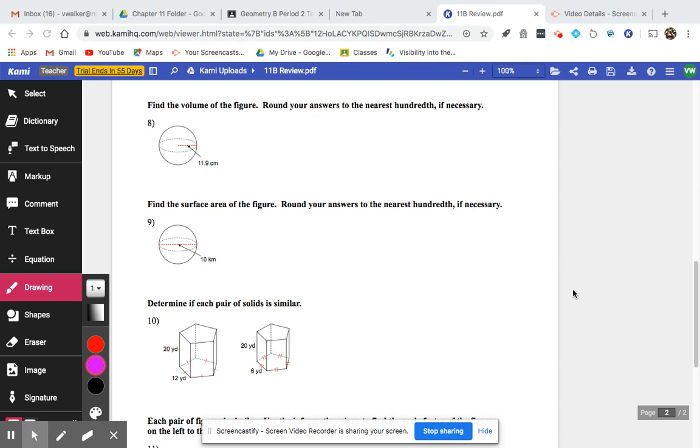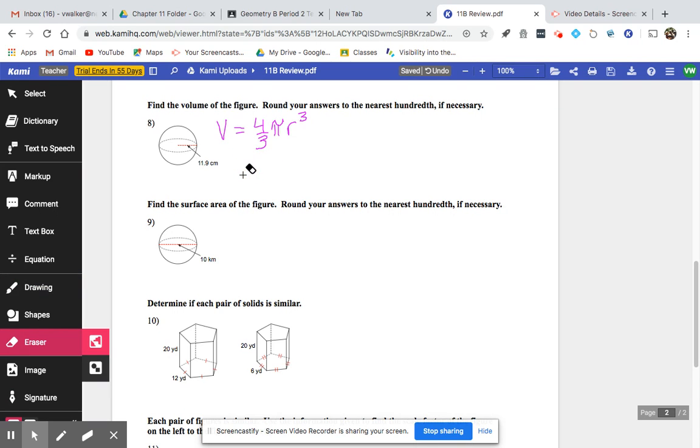So once again, the volume of a sphere is 4/3 pi r cubed. Here my radius is 11.9. So we have 4, oh, it's doing it again. Pardon me one moment, folks.